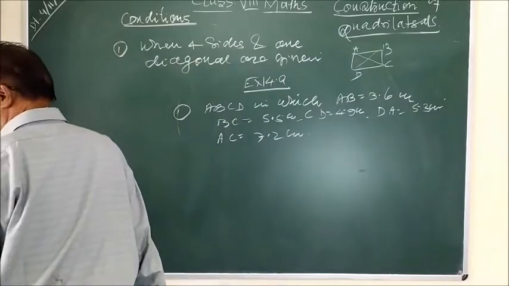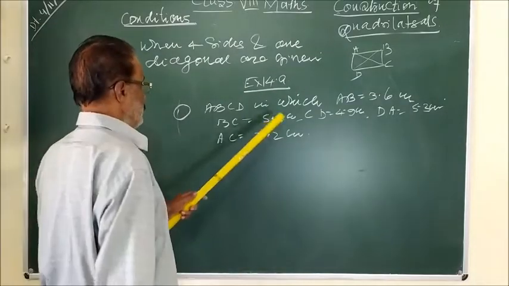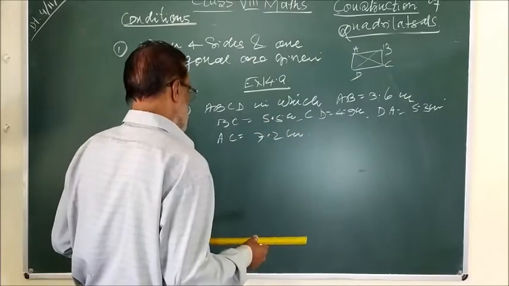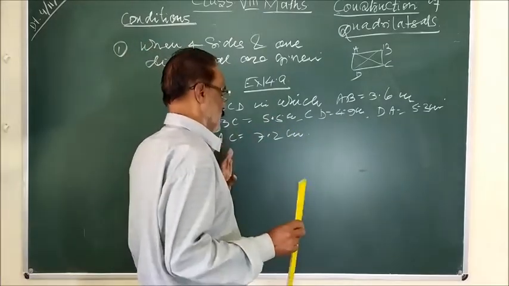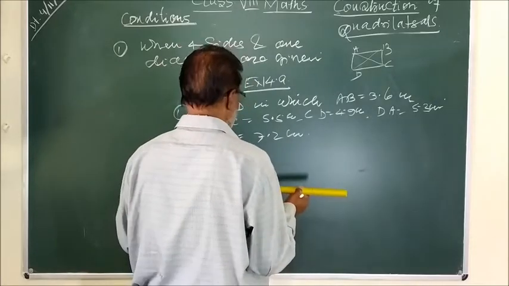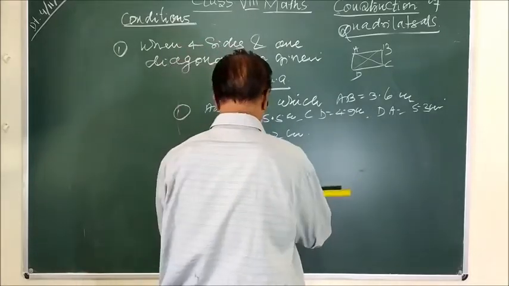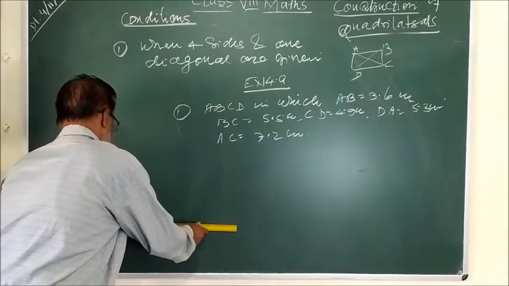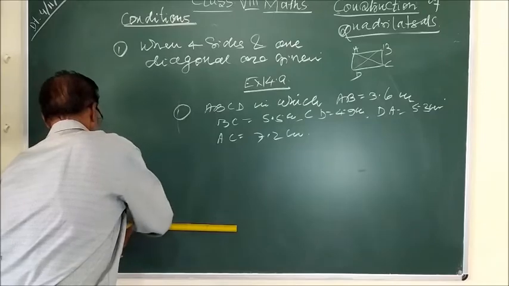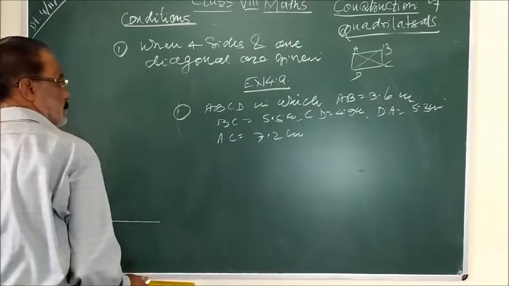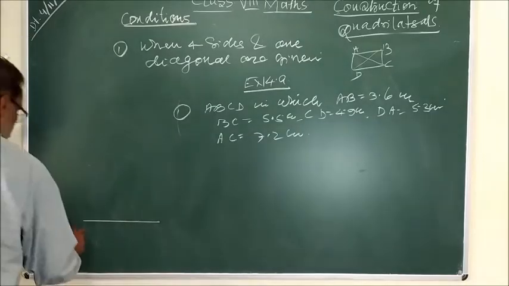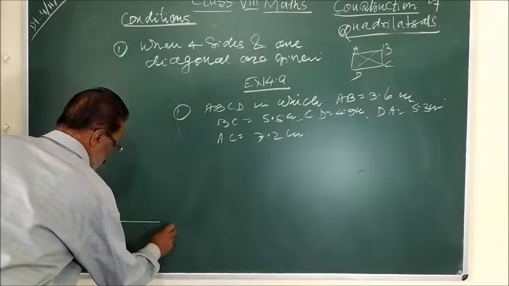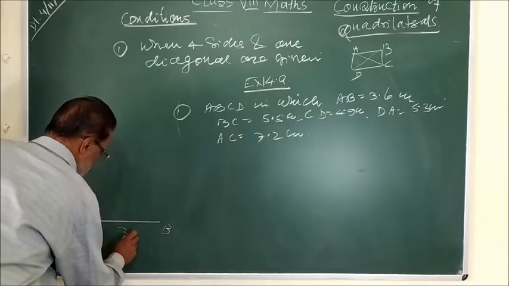Now concentrate on this construction. First of all, you take any side, either AB or BC or CD or DA, or you can also take the diagonal. Suppose we take AB as 3.6 here. Using the scale, you take AB as 3.6 according to the measurement.